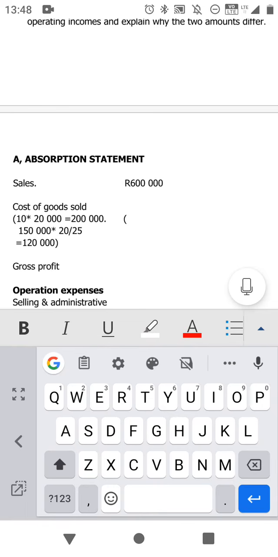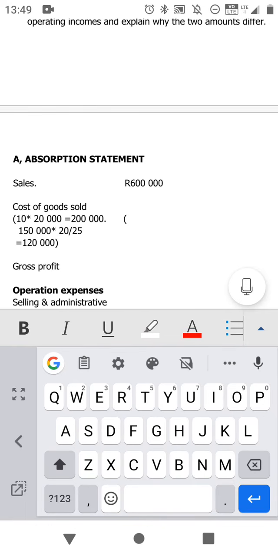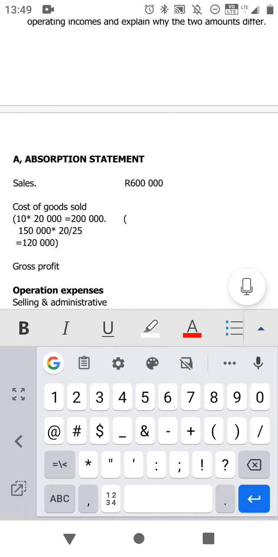So the 120,000 we absorbed. That's why it comes back to 120,000. The other 30,000 we're going to call under absorption. However, this is not for this lesson. We're going to do it in the next video. Then it's going to give us 320,000.